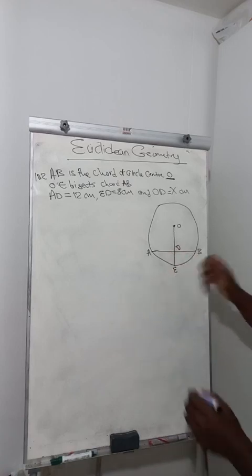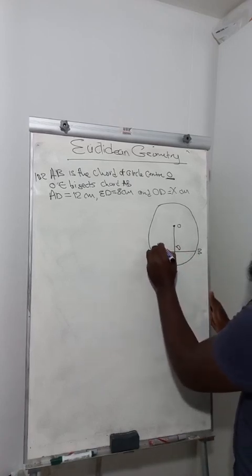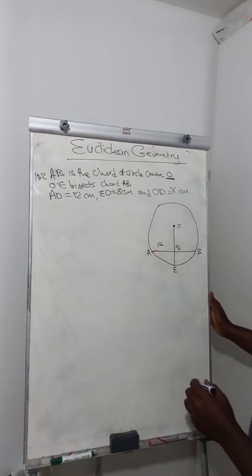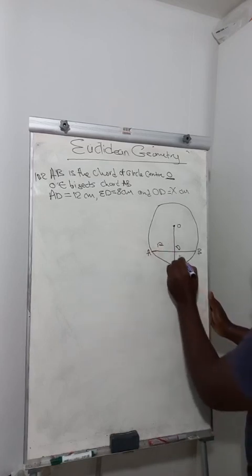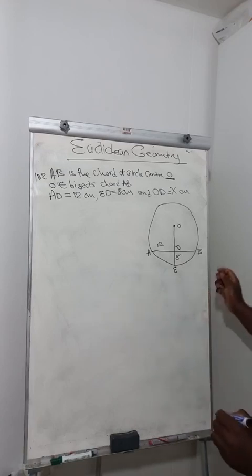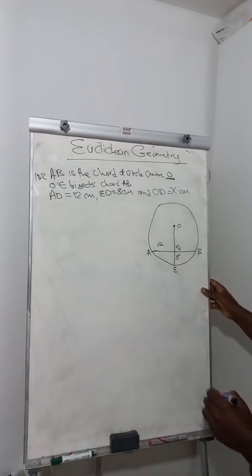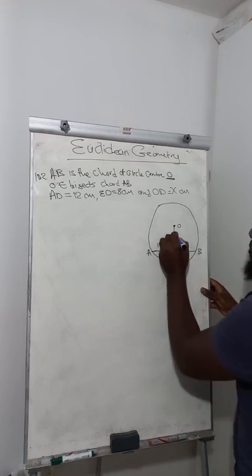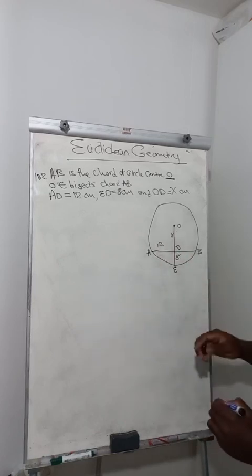Now they say AD is 12, ED is 8, and OD is X.